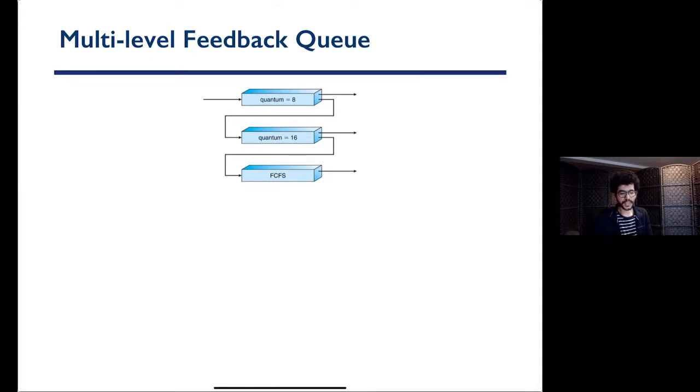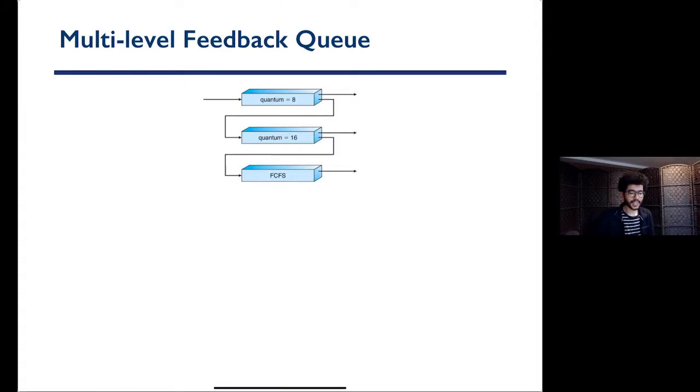The way it achieves this is very similar to the strict priority. I have a bunch of queues, and these queues indicate some notion of priority. The higher the queue is, the higher the priority. But instead of putting tasks in each queue and making them stick there, we're going to move tasks between these queues.